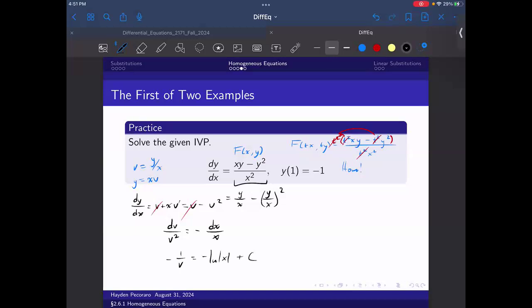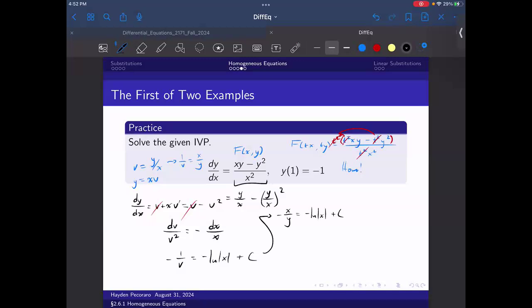Don't forget your plus c there. And then what's 1 over v? Well, I come back up here. I see, all right, v is y over x. So 1 over v is x over y. All right, so moving that up here, we have minus x over y equals minus log absolute value x plus c.